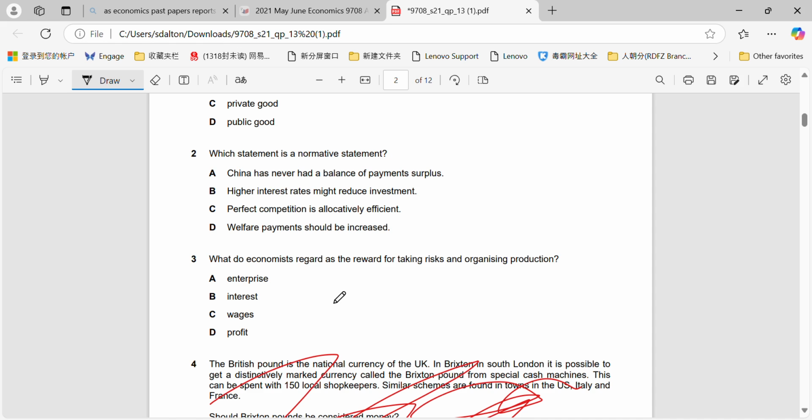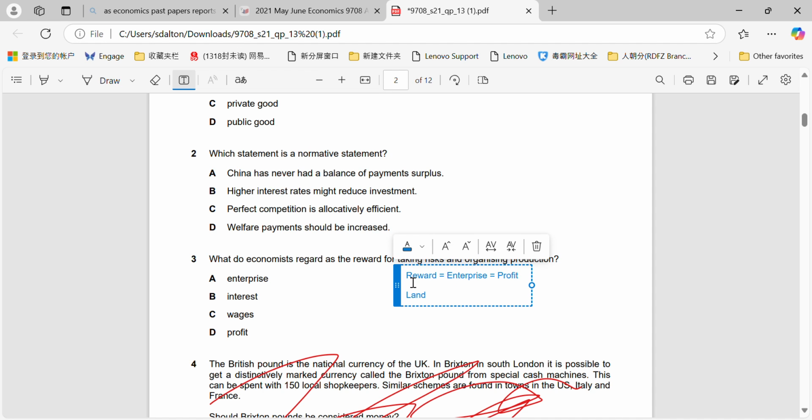Okay, what do economists regard as the reward for taking risks and organizing production? So this is essentially what is the reward or the payment to the factor of production for enterprise, right? So the payment to the factor of production for enterprise is profit.